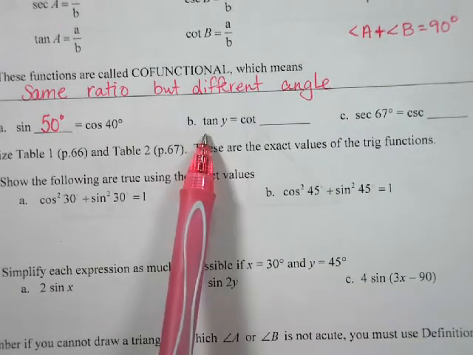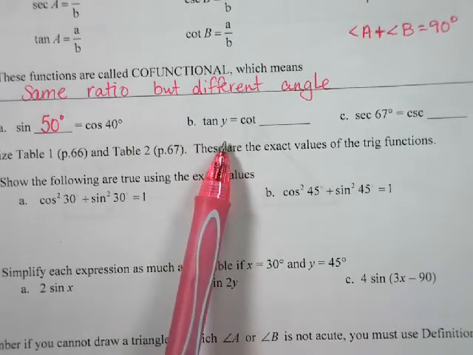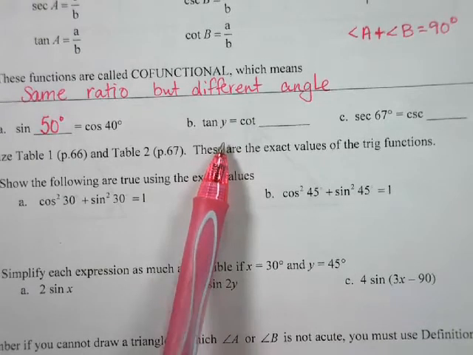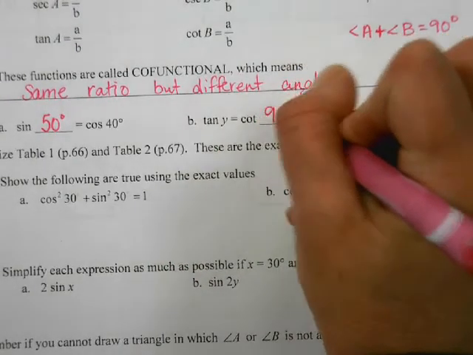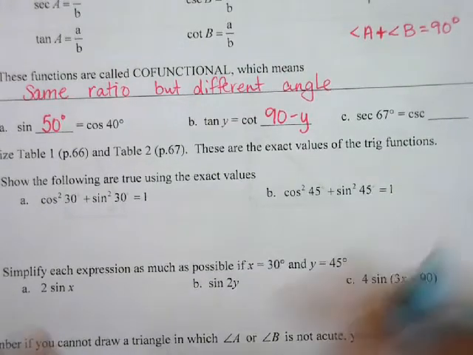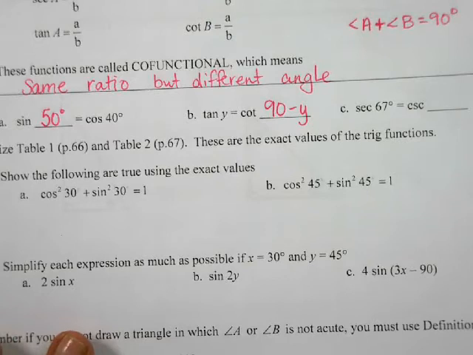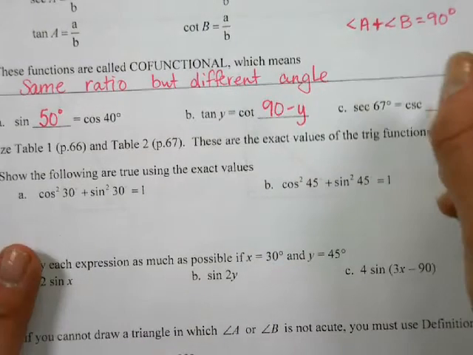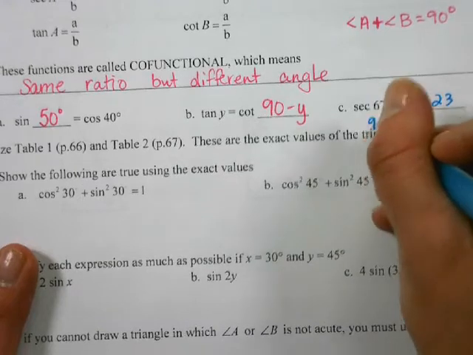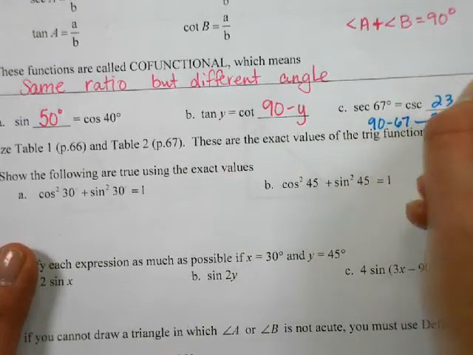The tangent of y is equal to the cotangent of 90 minus y. Secant of 67 is equal to the cosecant of 23. 90 minus 67 is 23.